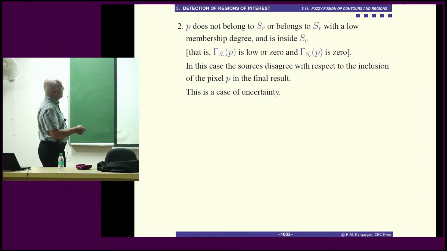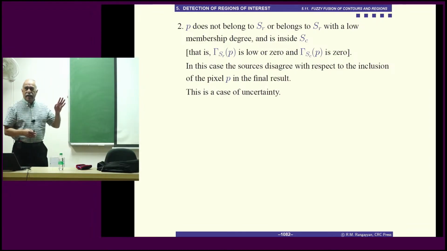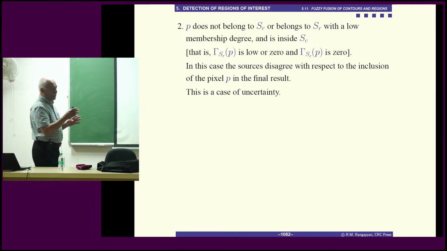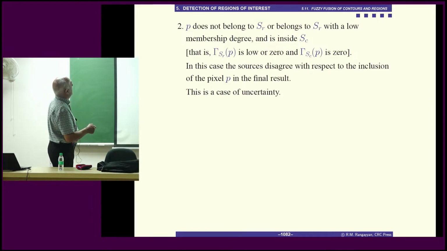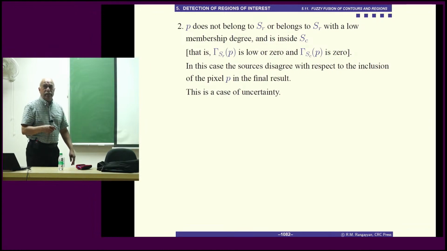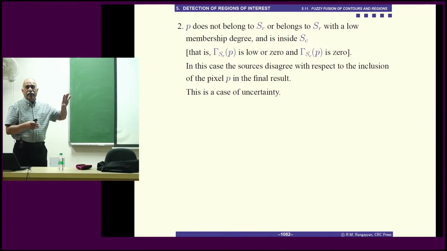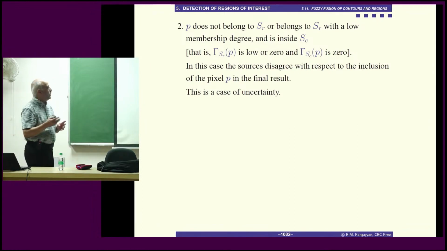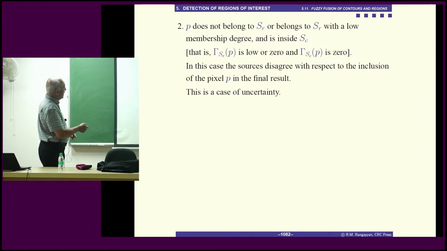So this is a case of uncertainty because we don't know. It does not belong to SR, okay, it's outside the region. Or it belongs to SR with a low membership degree. So the region growing method says the membership is low. So there is a case of uncertainty.